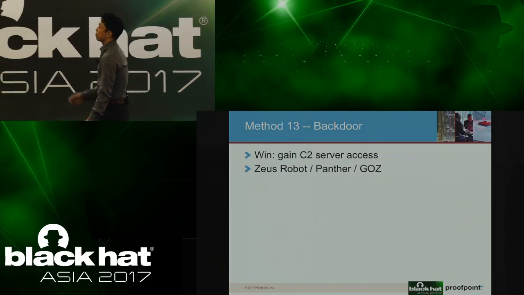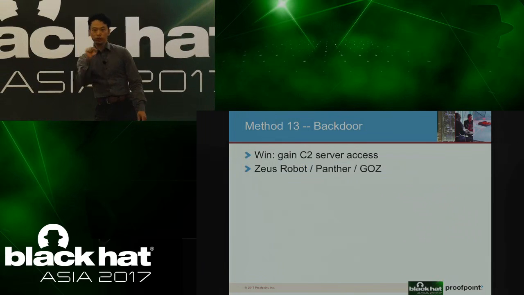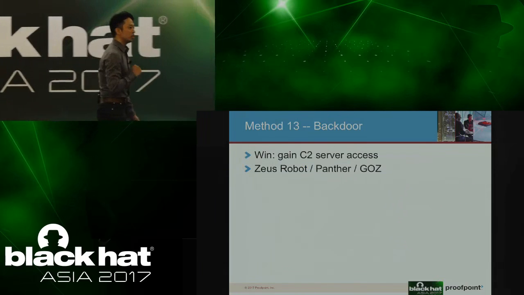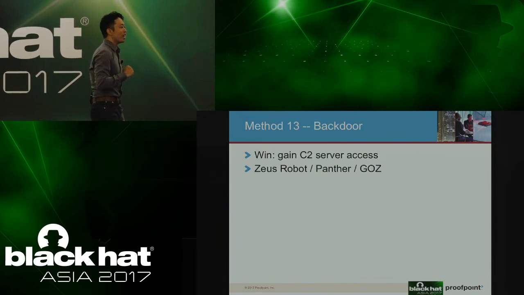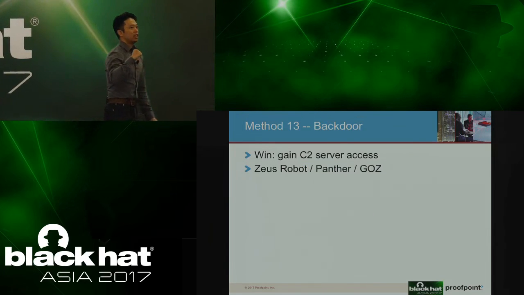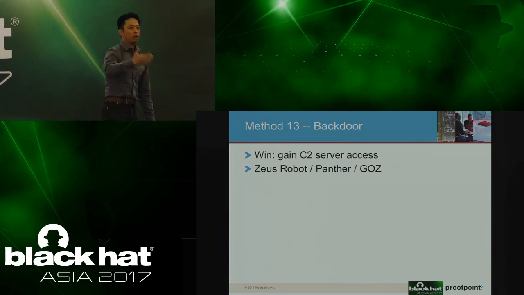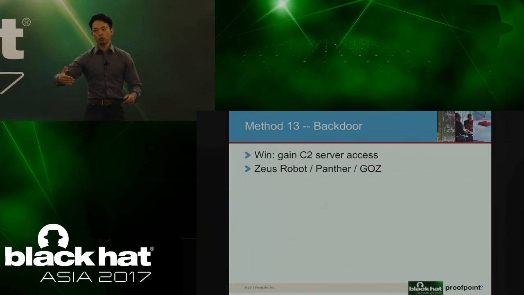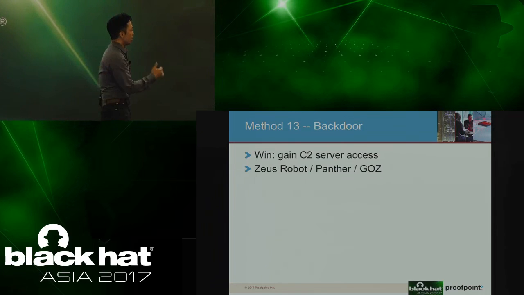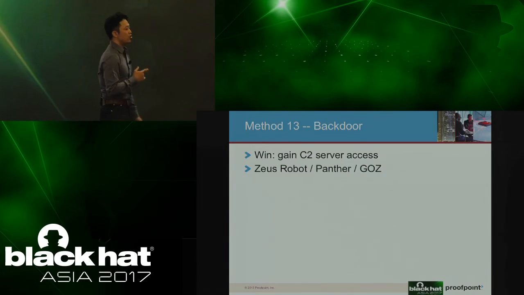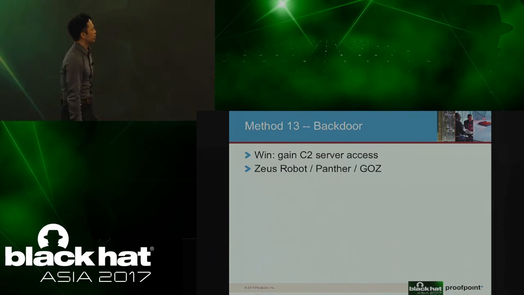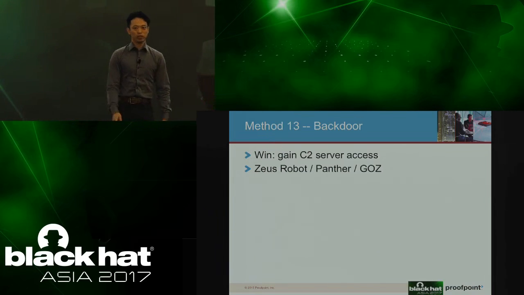Method 13, backdoor. When we do code review, one interesting thing that you want to look for that may not exist in code written by normal people are deliberately injected backdoors. And we found an interesting one in the Zeus, Robot, Panther, Gauss groups.